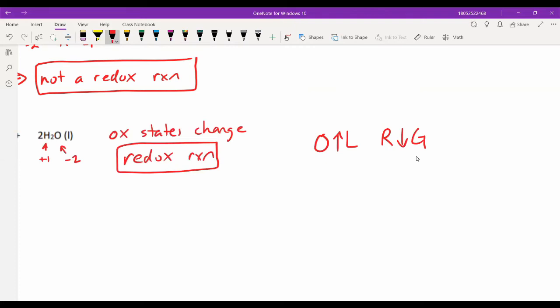OIL RIG means oxidation is loss of electrons, reduction is gain of electrons, and then the arrows tell you about the increasing or decreasing state. So oxidation is increasing the oxidation state, reducing is, as it says, reducing the oxidation state. That's often easier to use.